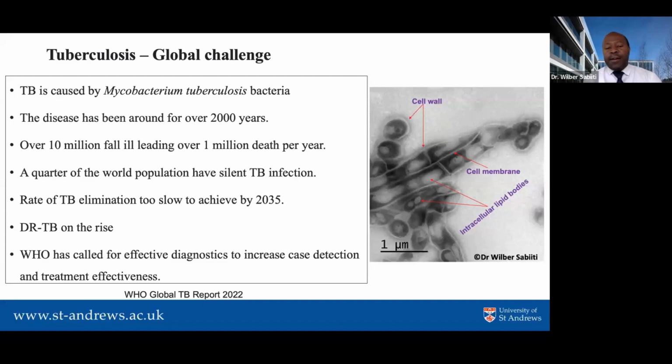And there's now an increase of drug-resistant tuberculosis, which is adding complications to the response to eliminate tuberculosis. So the World Health Organization called for effective diagnostics to increase case detection and effectiveness of treatment.